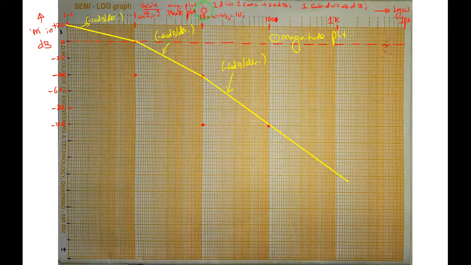Phase plot: 1 division equal to 30 degree. So 1 subdivision is 30 divided by 5, that is 6 degree, because 5 subdivisions will be there. Okay, this is for the phase plot.